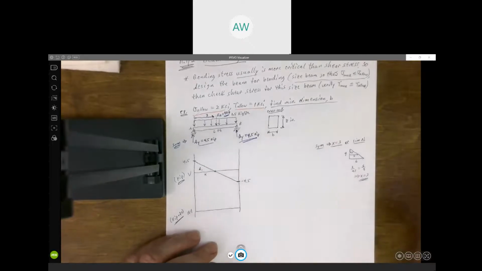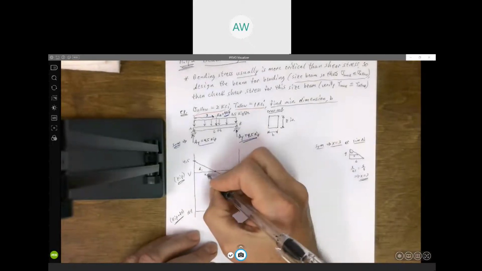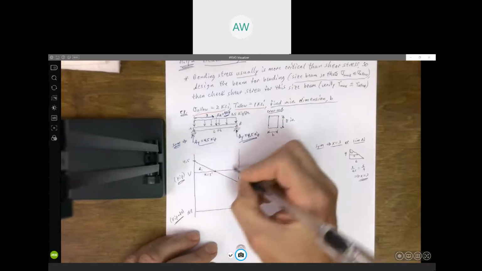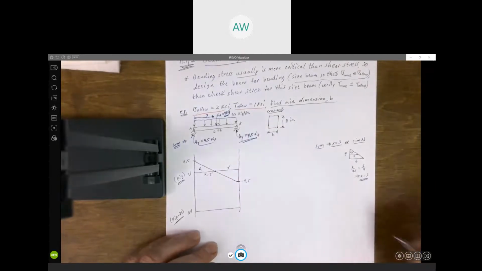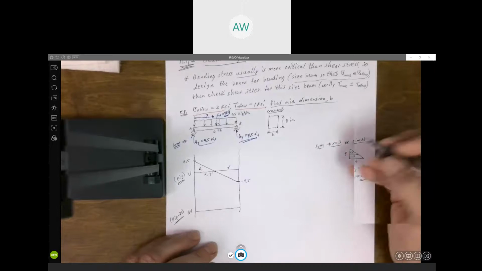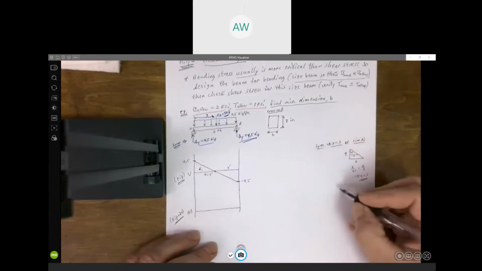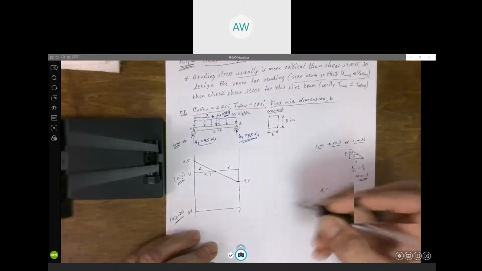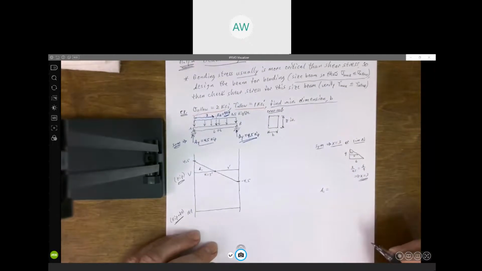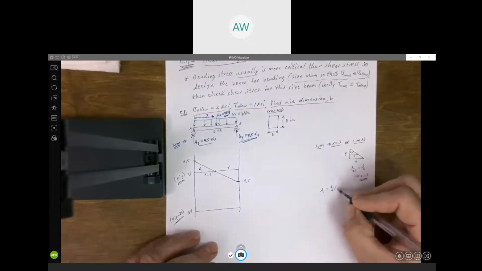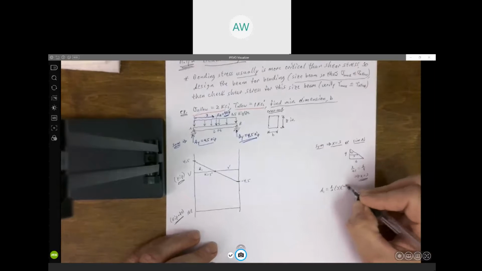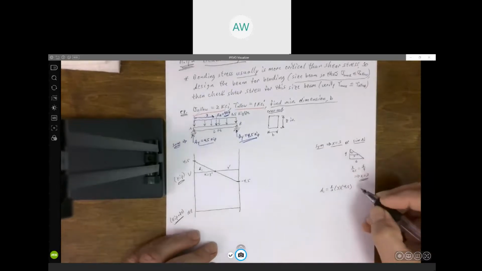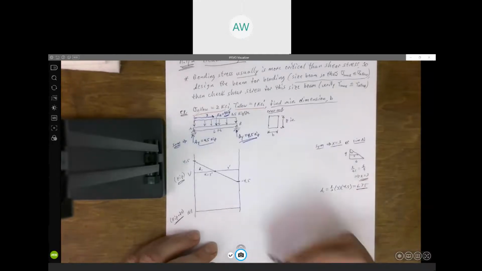Do similar triangles and make sure. But this is 3 feet. So to get our area, A1, it's a triangle. So it's just 1/2 base times height. So 1/2 base is 3, height is 4.5. And I got 6.75. So we're going to go up 6.75.